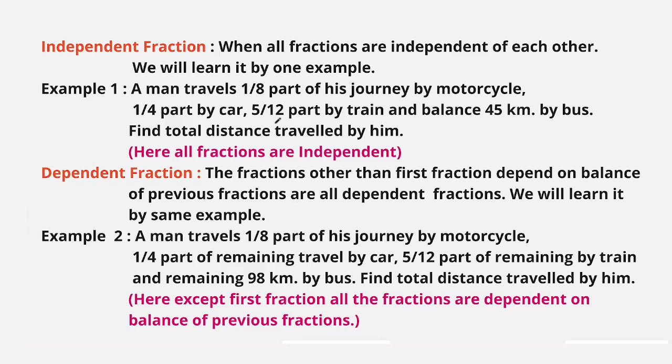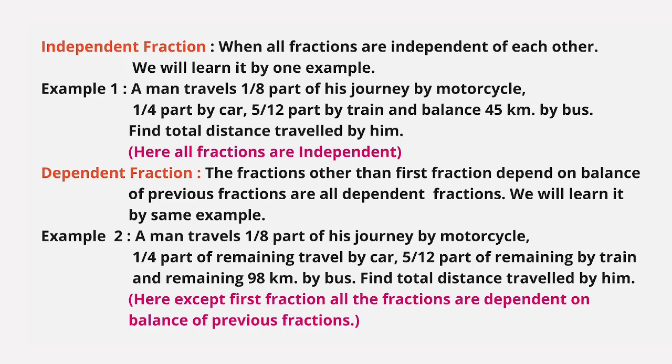Now next, in the first question, 5 upon 12 part by train, and in the second question, 5 upon 12 part of the remaining by train. That is, after traveling 1 upon 4 part, whatever is remained, 5 upon 12 part of that portion by train. So these are the two questions with similar data.